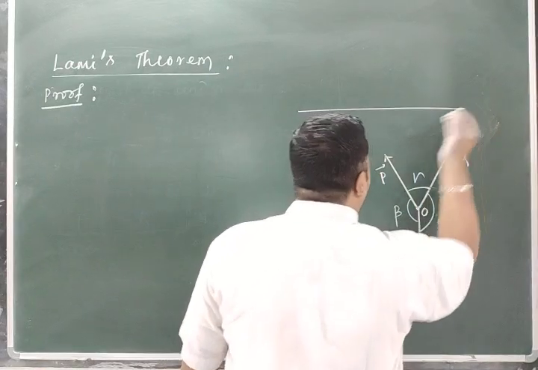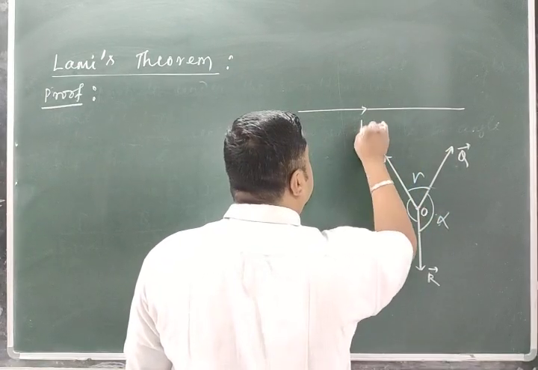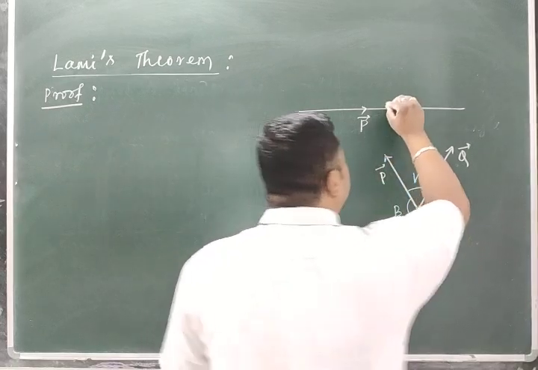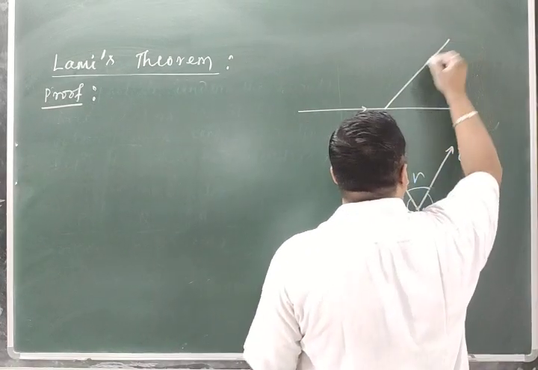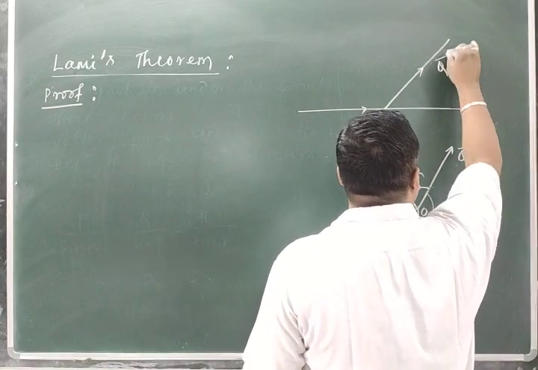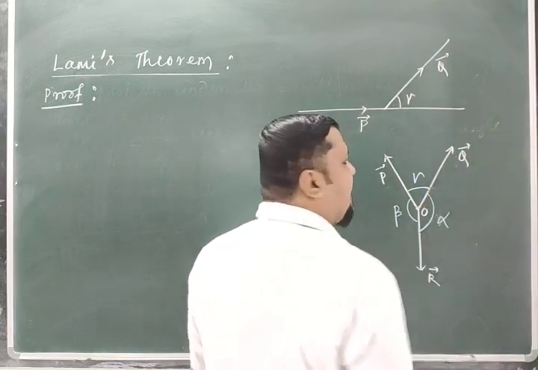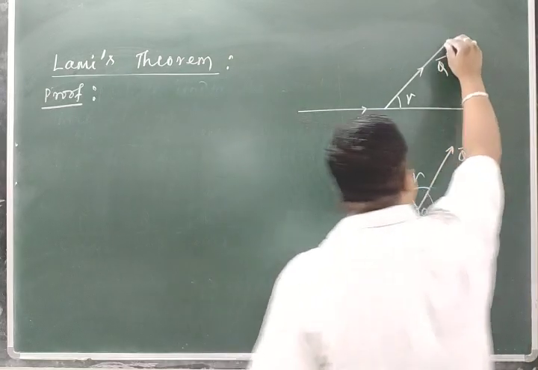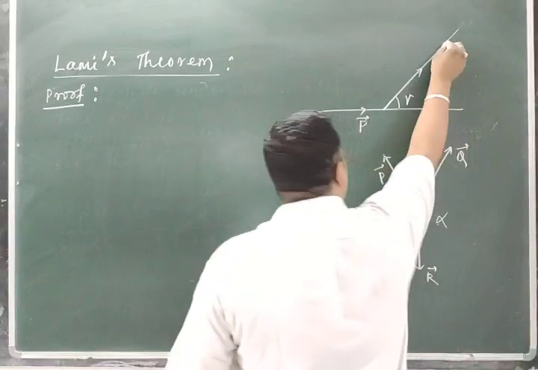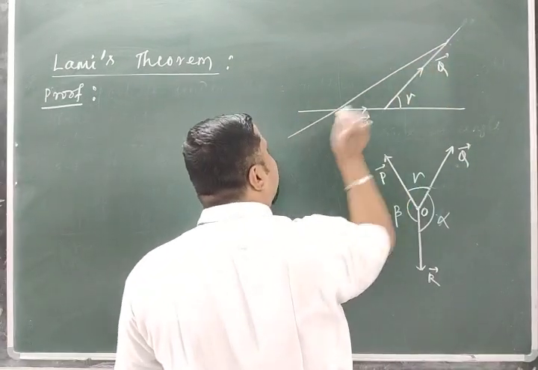So let this be the P vector. Let this be the Q vector. The angle between P and Q is gamma, so obviously this is the angle gamma. Let this be the Q vector, and this is the R vector.